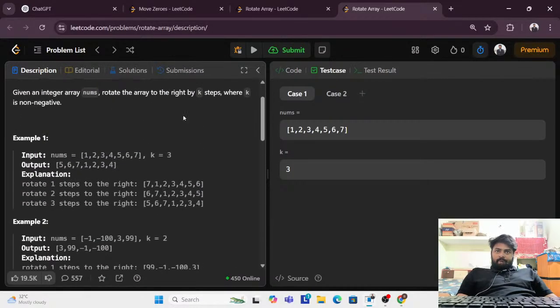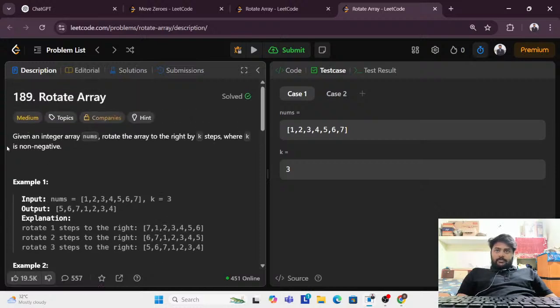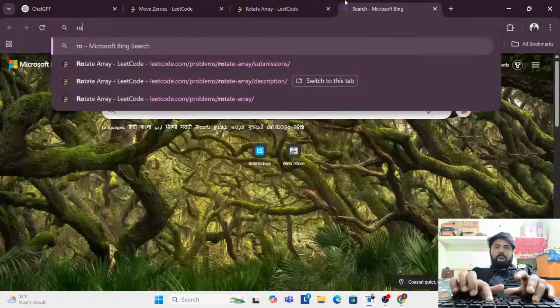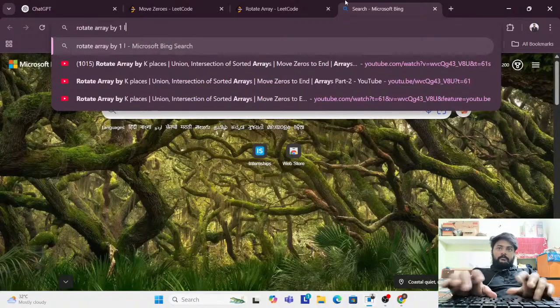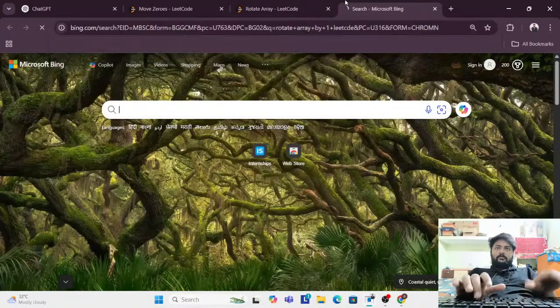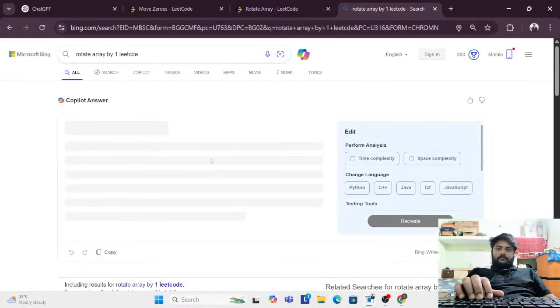Okay, so the question says given an integer array nums, rotate the array by k. It is a little advanced. There was a question, rotate array by one, with code. Let me see.